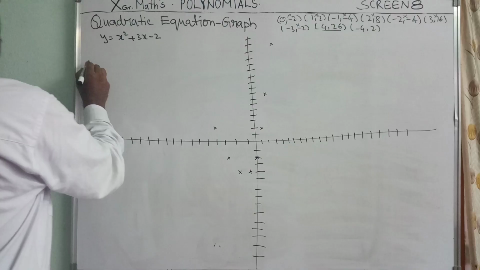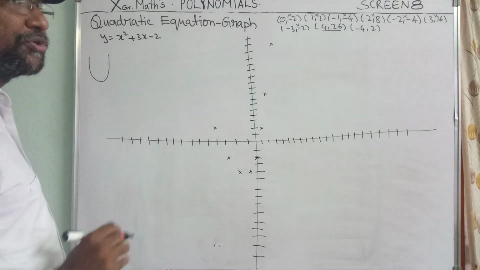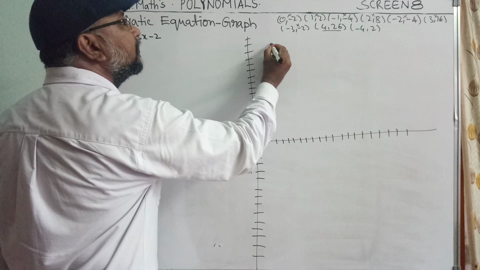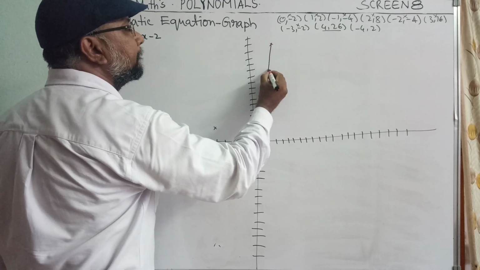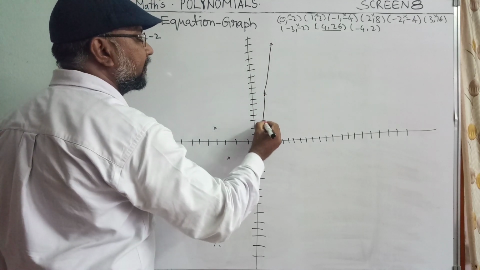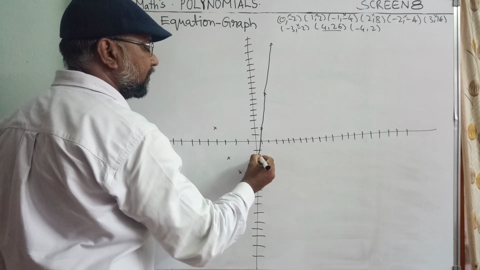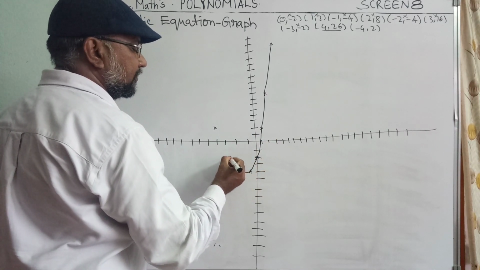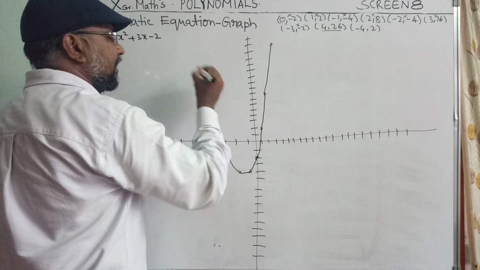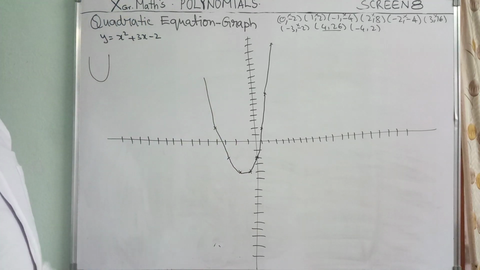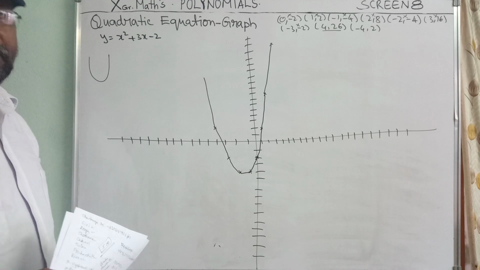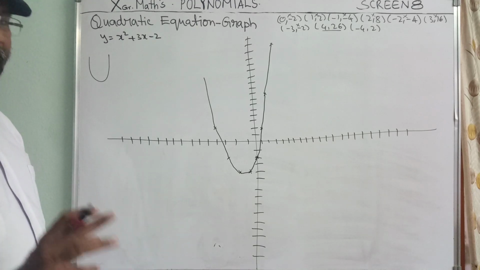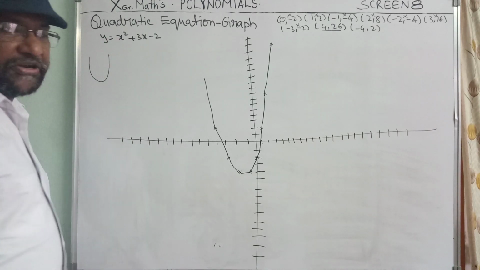You will get a curve like this, a U-shaped curve. Therefore, just take this point and the next point and the next point, like that. This will be the curve. You can get it. And this is a quadratic equation graph.